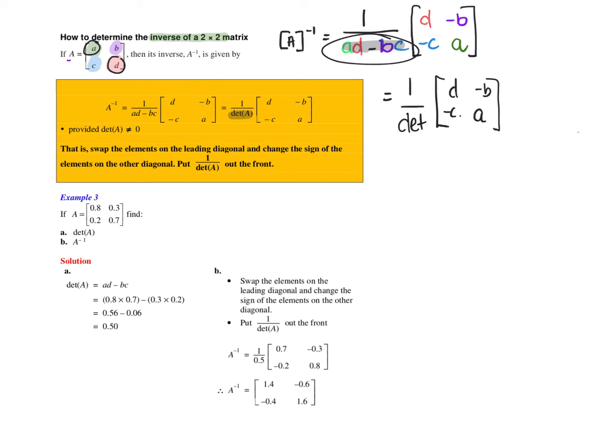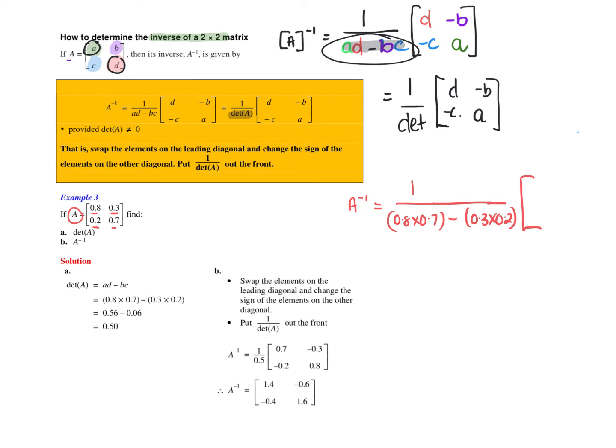So if I walk you through this example here with the matrix A, if we go to find the inverse, it's going to be 1 over A times D, so 0.8 times 0.7 minus the B times C, so 0.3 times 0.2.